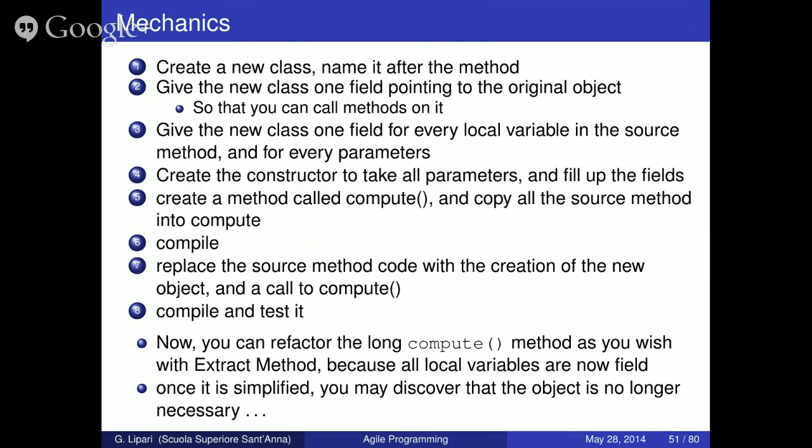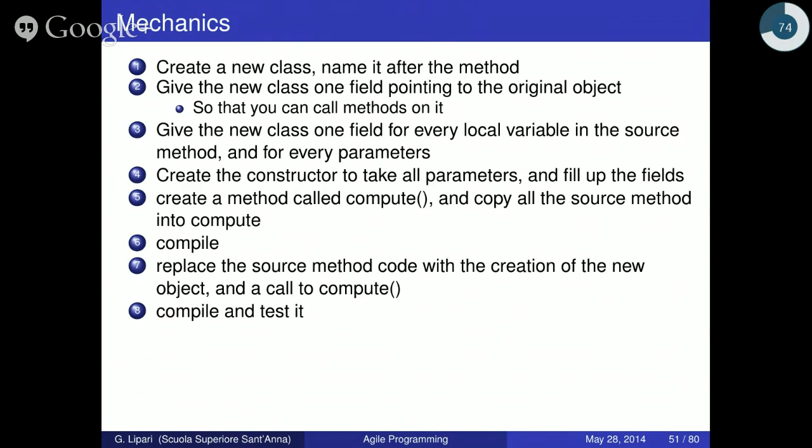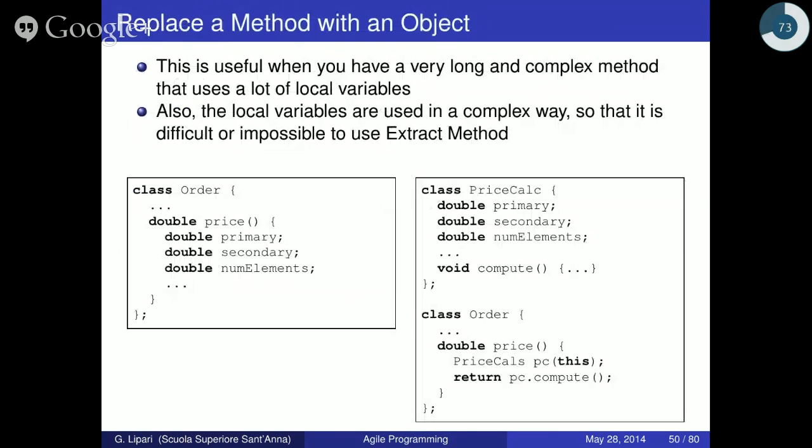But at least you simplify the code by using a very strict sequence of steps every time, making sure that everything works. Okay, so again, these methods are longer to explain, but very easy to apply once you understand how this works.